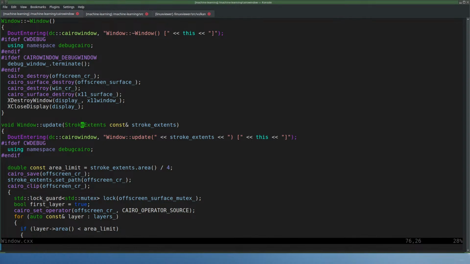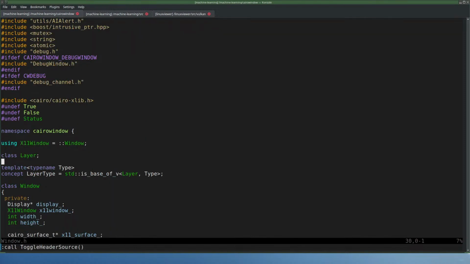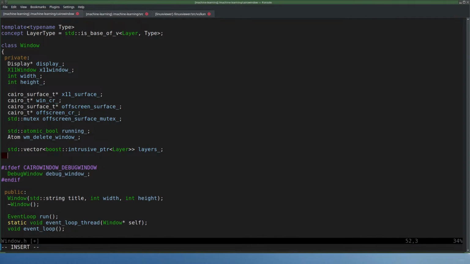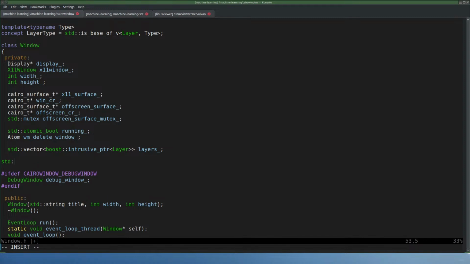But nothing can be held. And I probably have to store it in window. Let's just add a new thing here. I'll do it one by one. Adding it to a vector or not add it to a vector. Let's add it to a vector. Capacity should be reasonably stable.